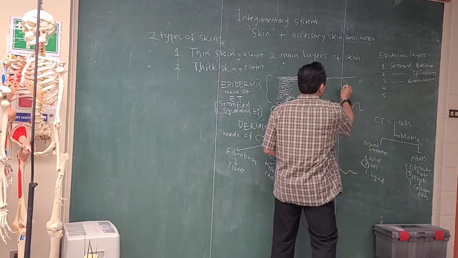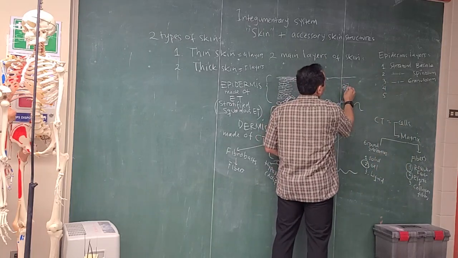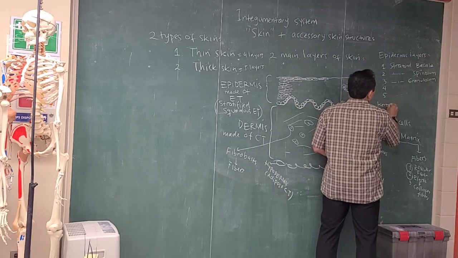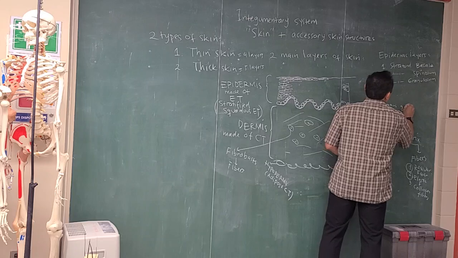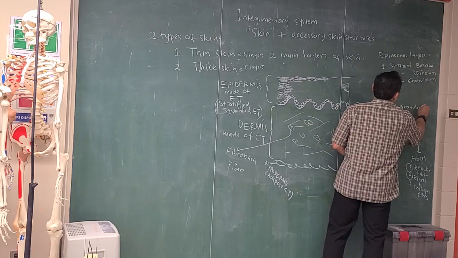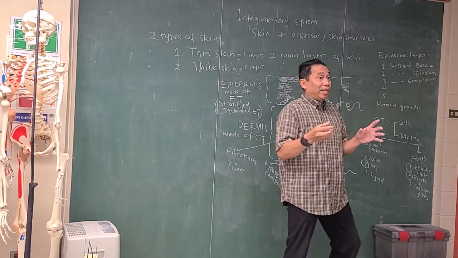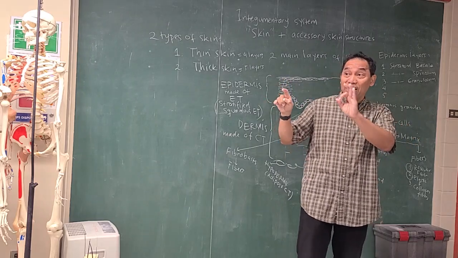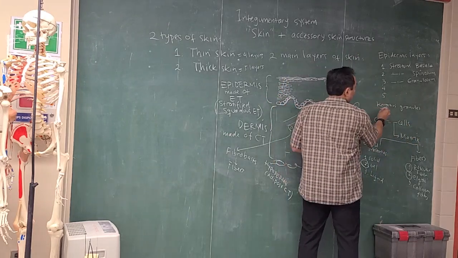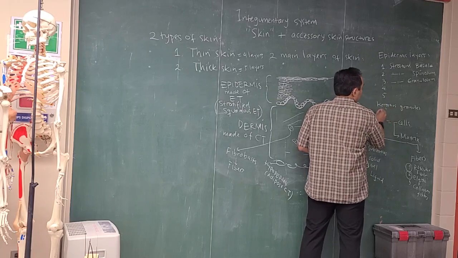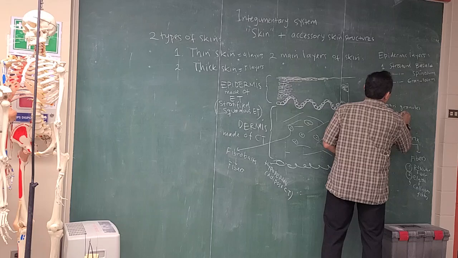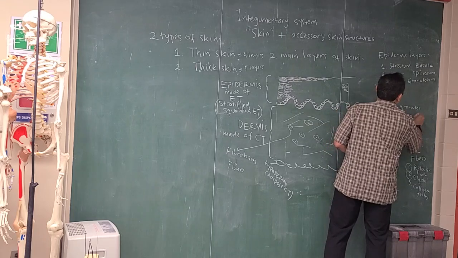Cells in this layer will have a lot of keratin granules, like a lot of sand. Granules means sand structure inside it. But the keratin is actually protein. It is water repellent protein.